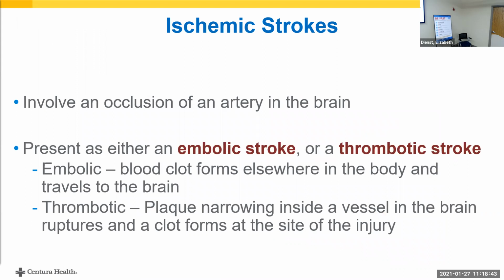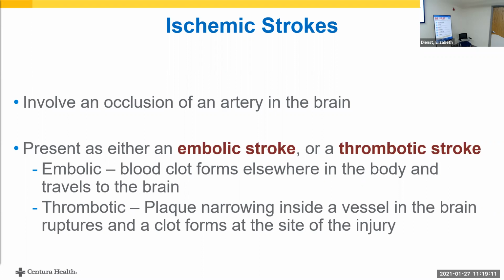So again, there are two basic types of ischemic strokes, one of them being embolic and the other one being thrombotic. The embolic stroke is where a clot forms somewhere else in your body. You could have a deep vein thrombosis or a pulmonary embolus. It can come from anywhere in your body and travel up through your brain circulation and then stop in a brain artery and create an occlusion.